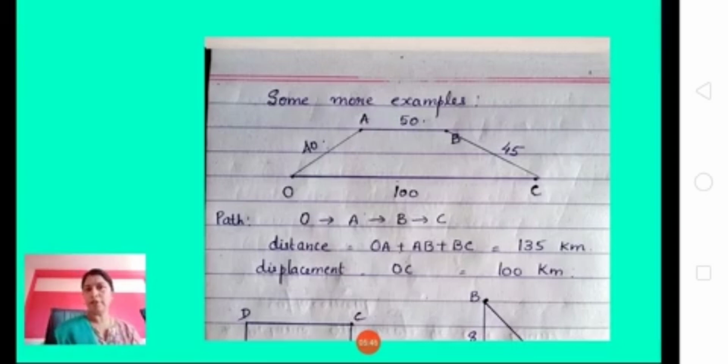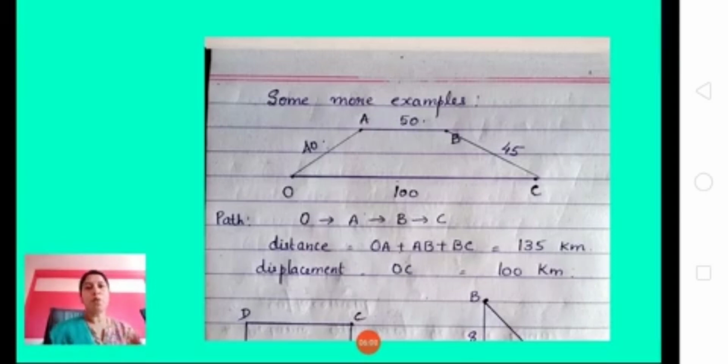initial and final position. Let us try to understand distance and displacement through some more examples. If you see here in this diagram, we have 4 points O, A, B and C again. Now let us assume an object is at the initial point. Here we take O as the initial point or origin again.